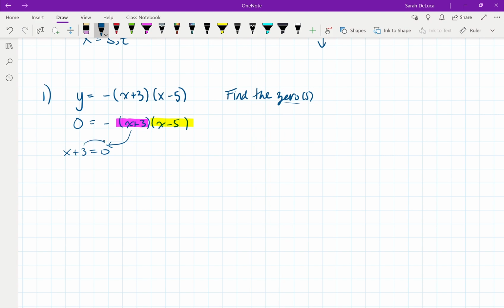So bringing that to the other side, x = -3. There's one of my x-intercepts. And then I know that if x - 5 is equal to 0, bring that over. So there are my two x-intercepts. So (-3, 0) and (5, 0) are the solutions to that.